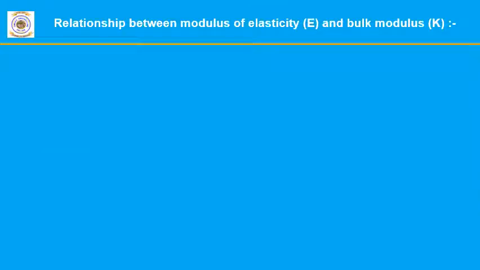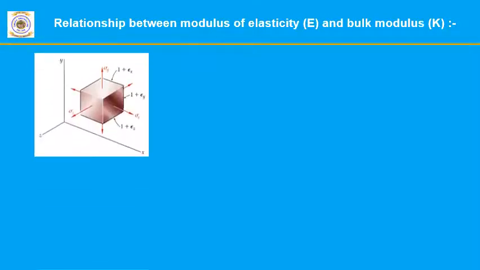So next one, let us see what is the relation between Young's modulus and bulk modulus K. To derive this equation, let us consider a cube which is subjected to tensile load across all the 3 dimensions, that is the tensile stress across x-axis, tensile stress across y-axis, and tensile stress across z-axis.